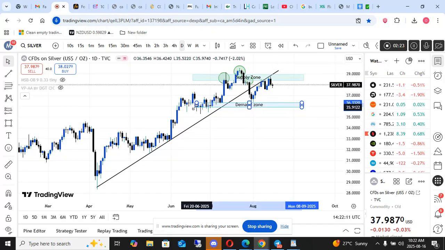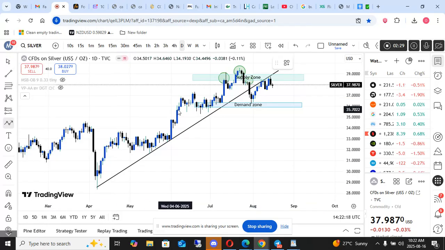Another thing I check on the daily time frame, because the daily time frame is where I do my analysis. I start from here: higher high, higher low. This is what the structure is doing. Higher high, higher low, higher high, lower low. The price was supposed to come here and make a higher low, but it now made an equal low here, meaning sellers are coming in.